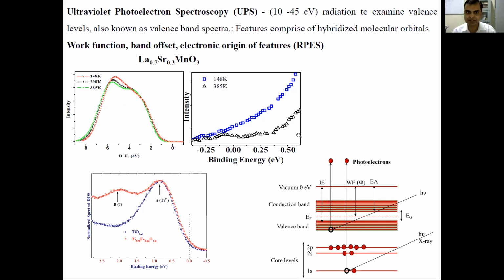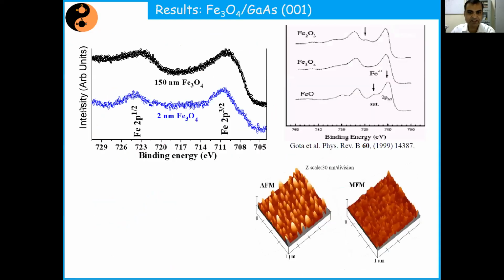ultraviolet light sources. When these ultraviolet light sources eject electrons, the binding energy of the ejected photoelectron is much lower compared to the core level. That is why this represents the valence band spectra, which is entirely different from the core level spectra, where the binding energy is way beyond this valence band spectra, and where the spectra were characteristic of individual elements.